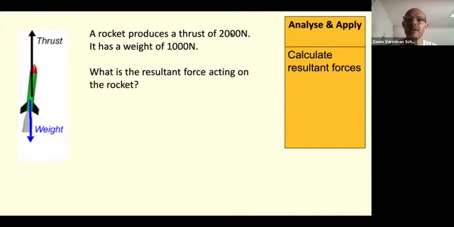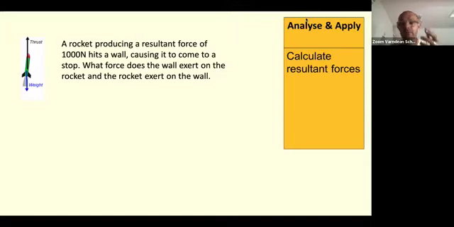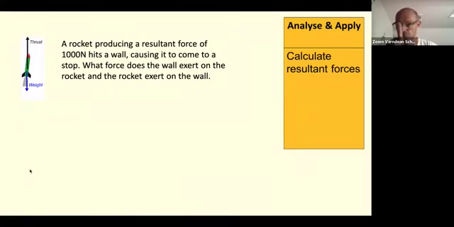Okay, so let's see how we do with perhaps another one of those. Here's another one. So we're going to work this one out a different way. In this one, the rocket, which has a resultant force of 1,000, you just worked that one out already. You said it had 1,000. It hits a wall.